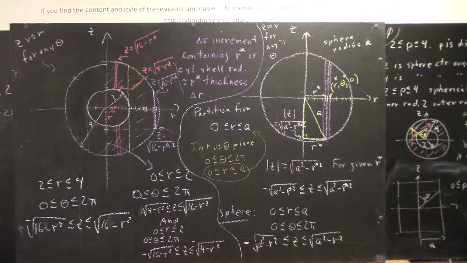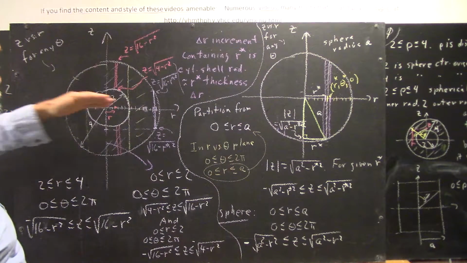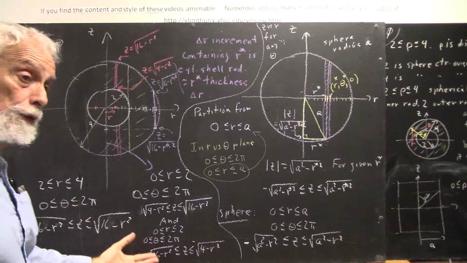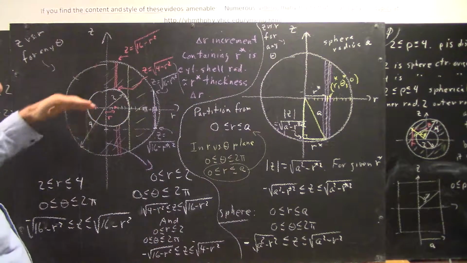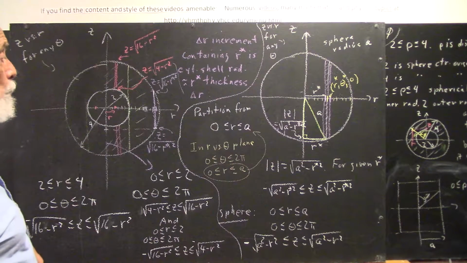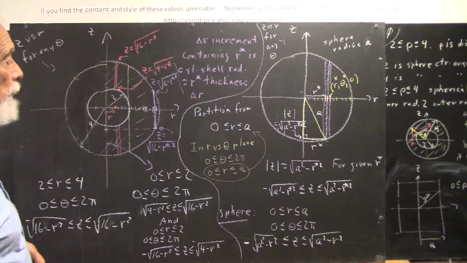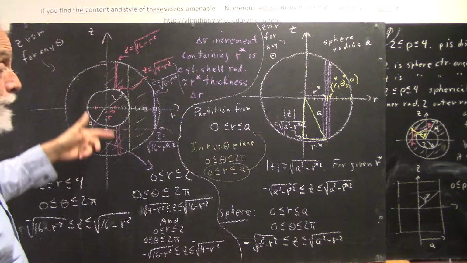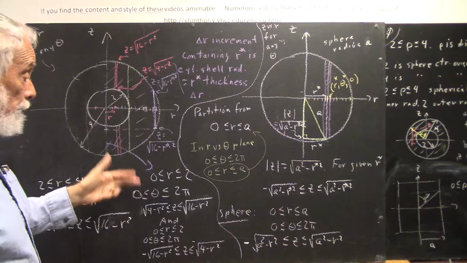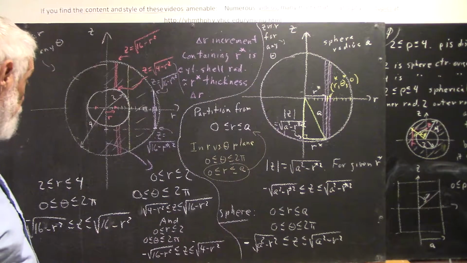If you have a density that's symmetric with respect to the r theta plane, you could still do it, and you could integrate the mass and find the same thing. If you have a density function, for example, that's not symmetric, then you're going to have to do both of these integrals, because this one won't end up equaling this one.